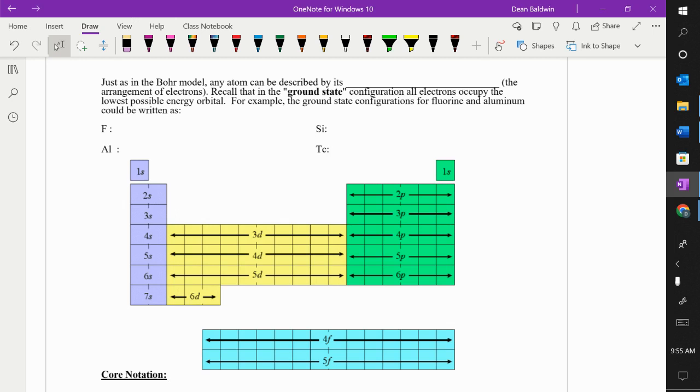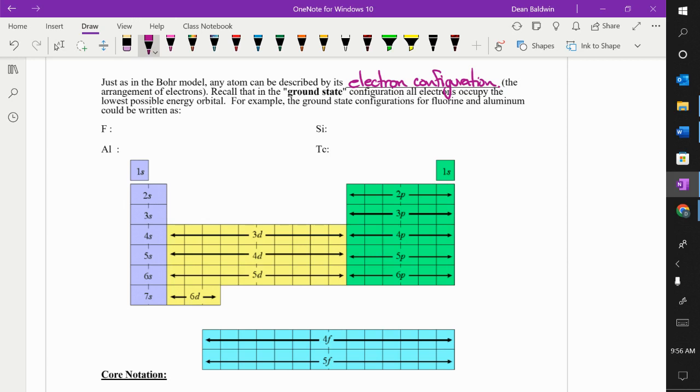Again, these lanthanides and actinides get inserted up here, and it all has to do with their energy levels and their stability. So this is how we create electron configurations of atoms, and we're going to learn how to do that.